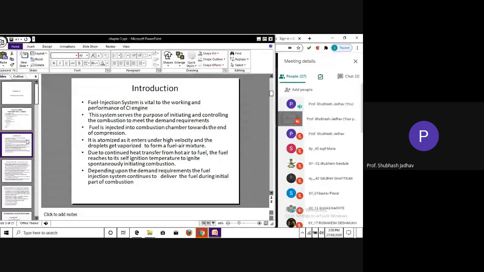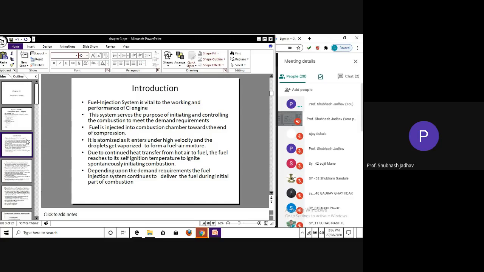On the contrary, in a CI engine, we don't have a system outside the engine to prepare the mixture. Rather, we introduce only air into the engine, and the fuel is injected directly into the combustion chamber, where the mixture is prepared there itself. So we are preparing the mixture inside the CI engine, while in an SI engine we prepare the mixture outside the engine. That becomes a basic difference.